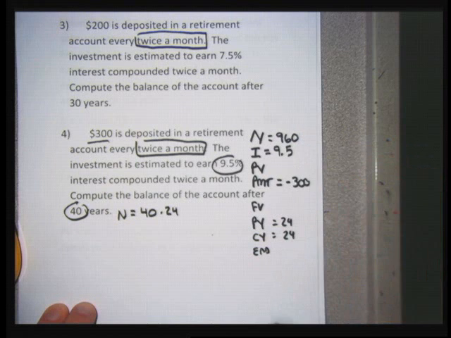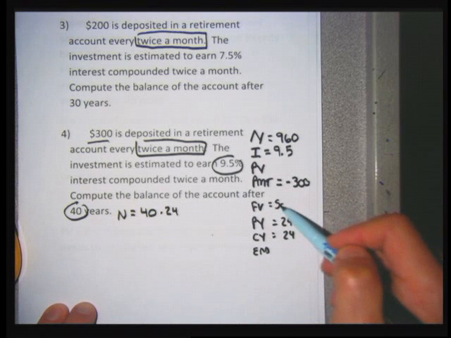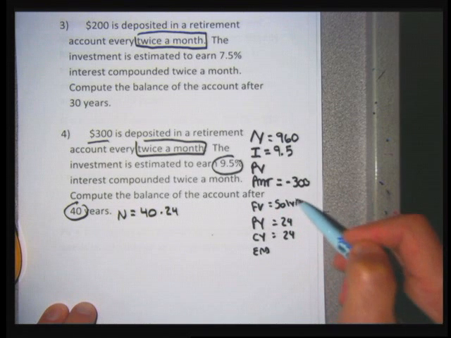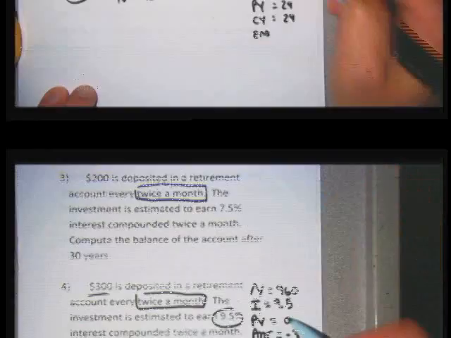So I know everything on my calculator other than the 2 blanks, and in this case I'm solving for the amount of money in the future, 40 years in the future, and the other dollar amount, since there's no other dollar amount, it has to be 0.